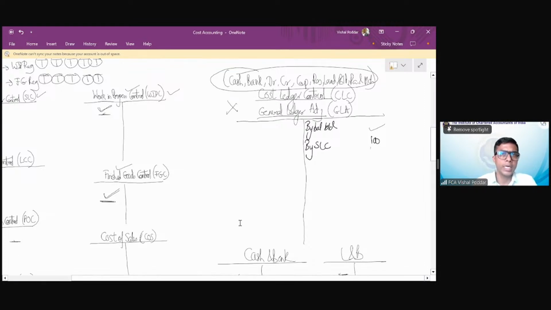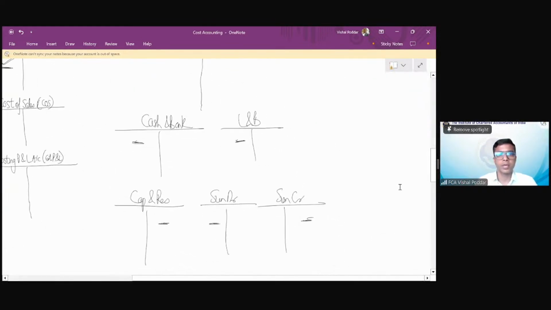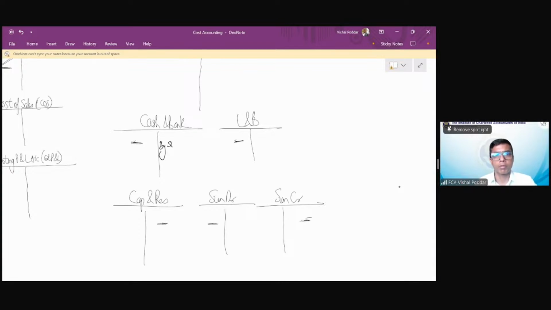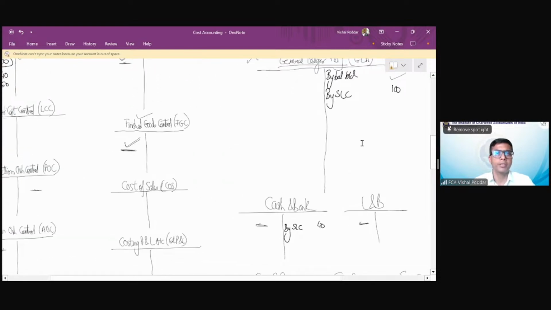Now, had this been integrated accounting, instead of to CLC, it would have been to cash and bank, to sundry creditors, 40, 60. And in the respective accounts, by SLC 40, by SLC 60. So as you can see, the difference between integrated and non-integrated is only of the second effect in these accounts representing assets and liabilities.